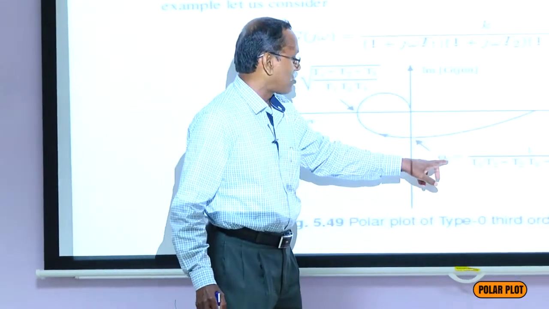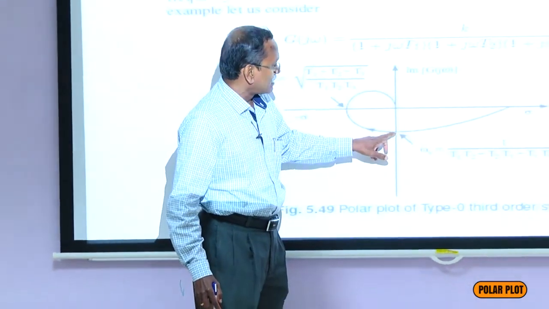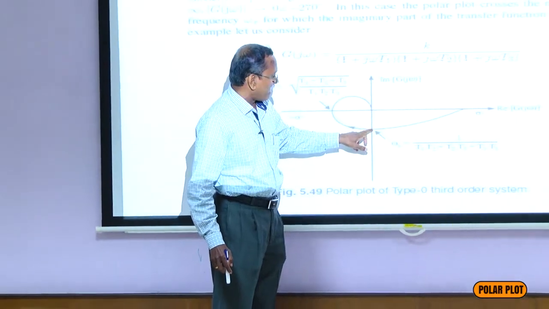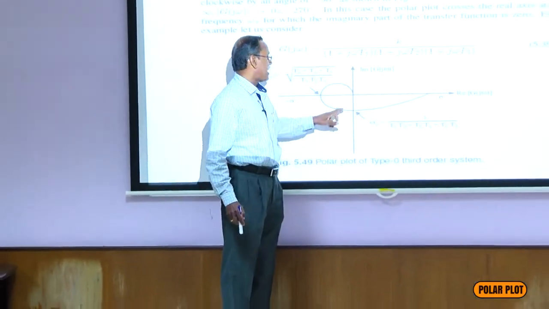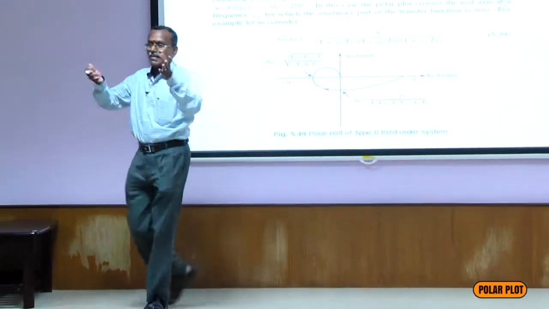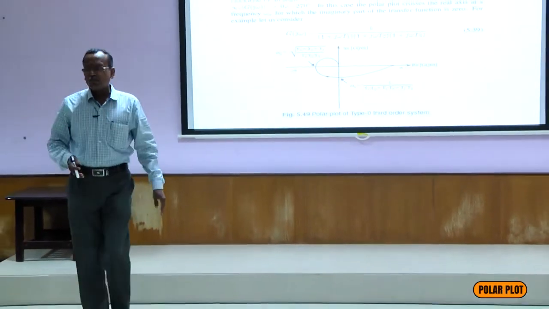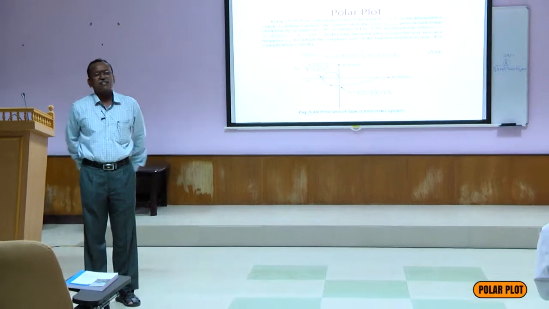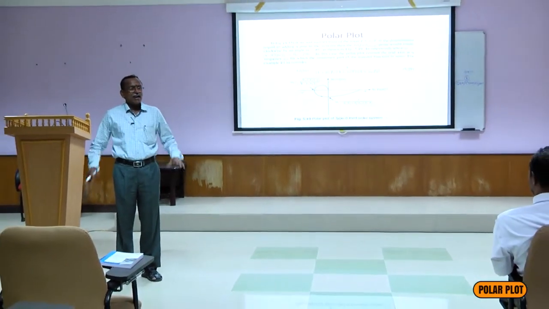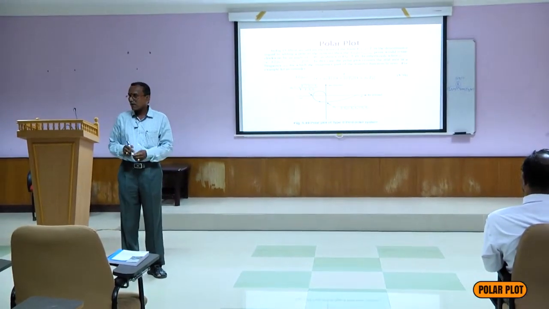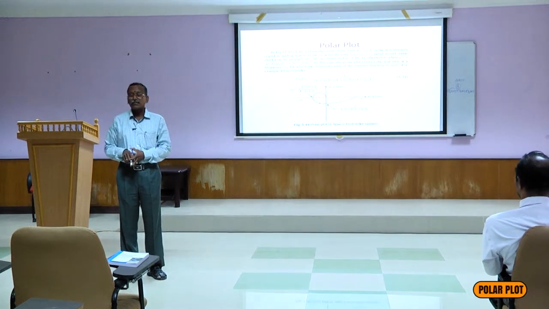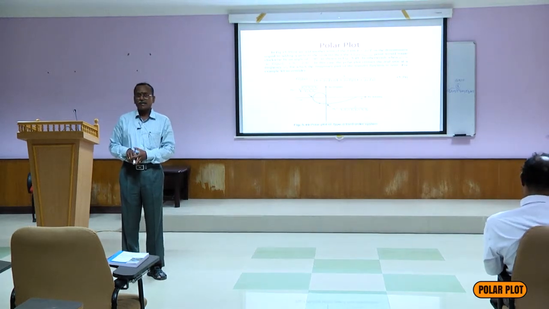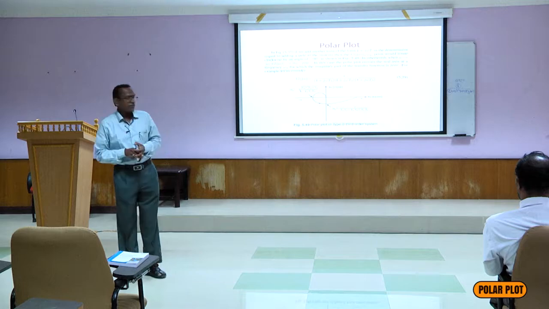Suppose omega equals 0.3 here, then we have to select 0.2 to 0.5, like that. Only then can we select the points to draw the polar plot. If there is no numerator factor, then it is convenient to draw. We have a thumb rule to draw this rough polar plot.